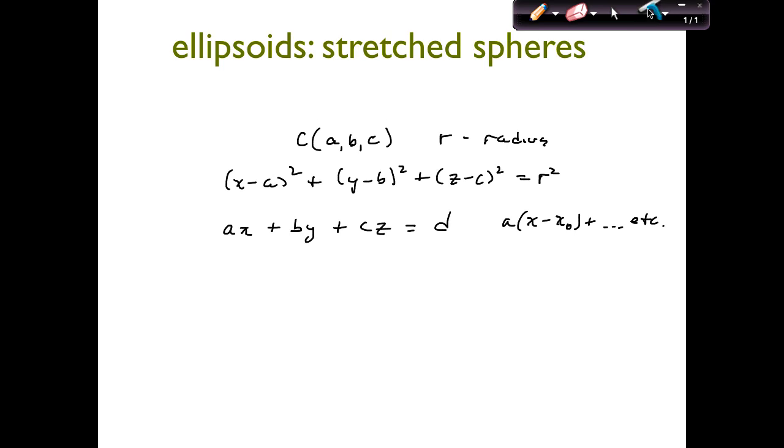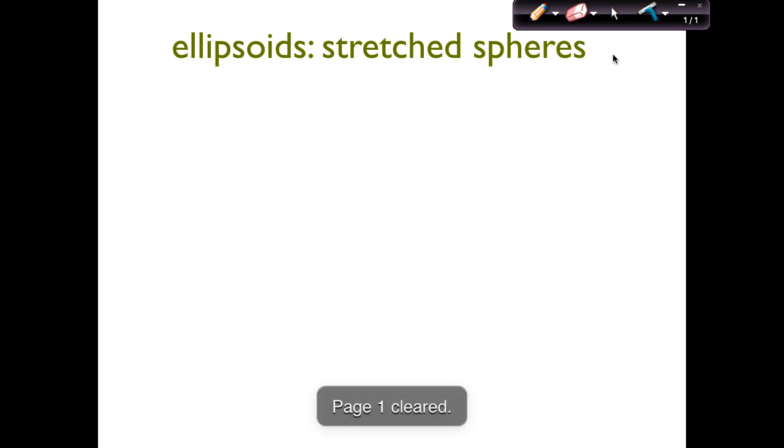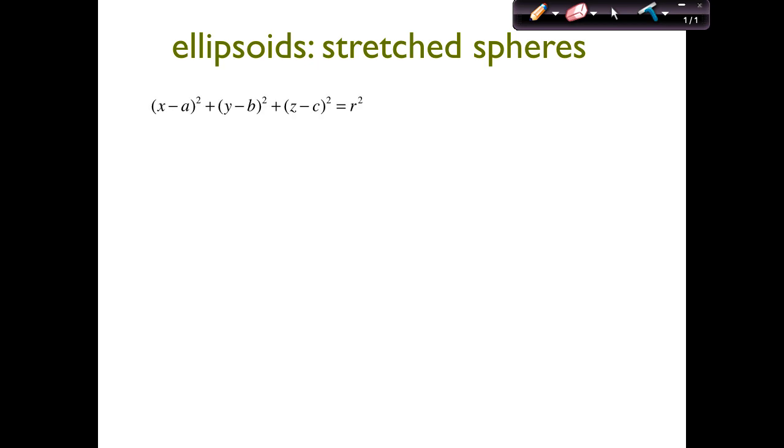All right, so first, ellipsoids are simply a more general version of a sphere, like a sphere that's stretched or smushed. We can start with our equation of a sphere like this. We can start by dividing both sides by r squared. And what would we do now to smush or stretch it?